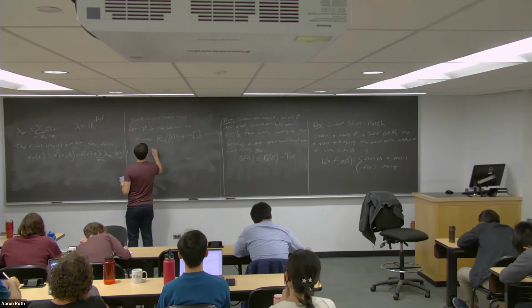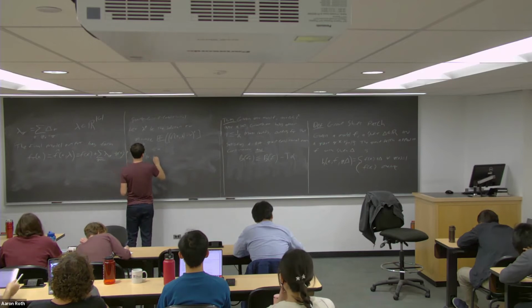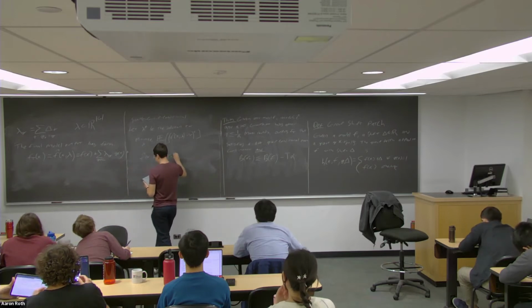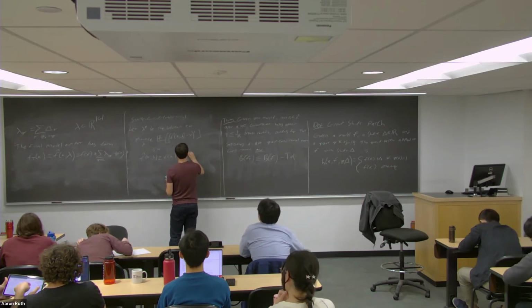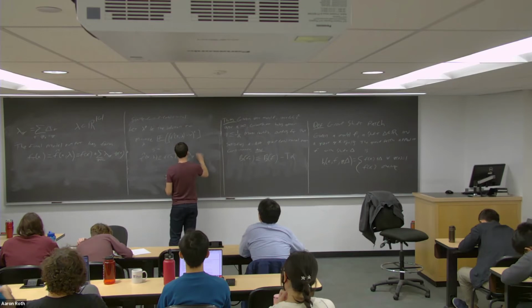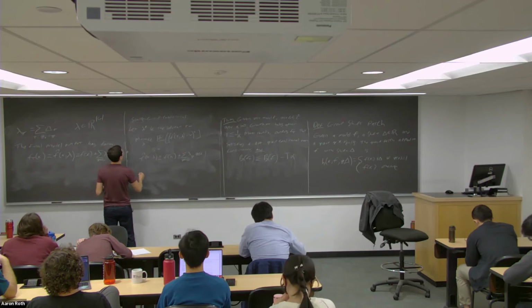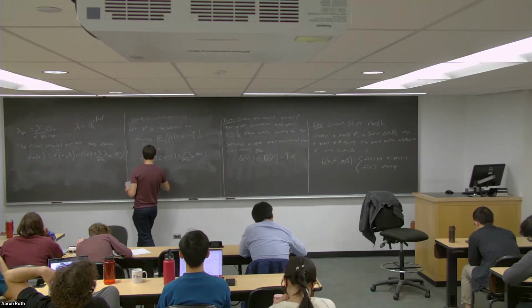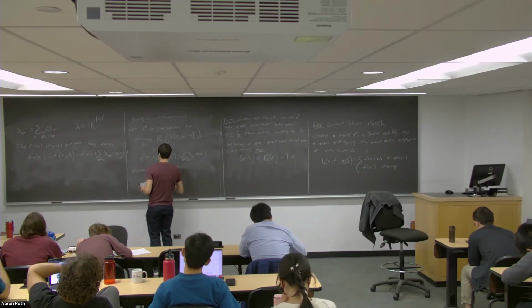Remember, this is just shorthand for the model looking like this. We get the optimal solution, lambda star, and we output the function parameterized by lambda star.